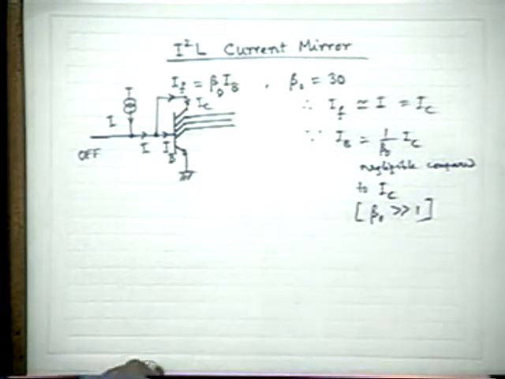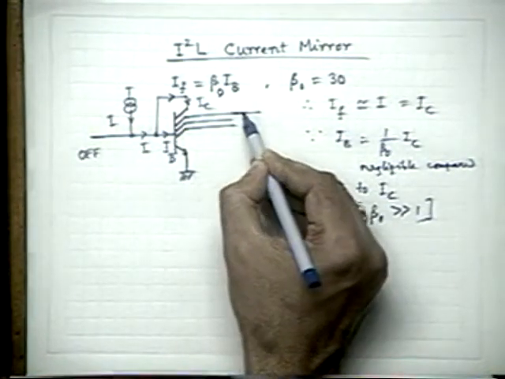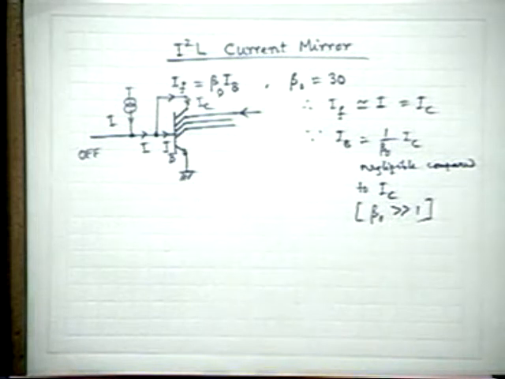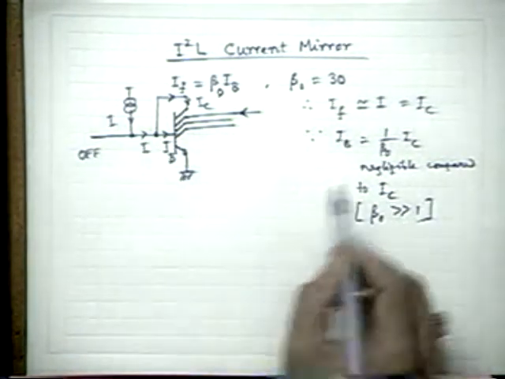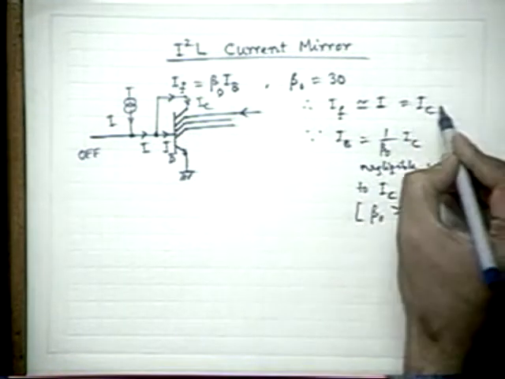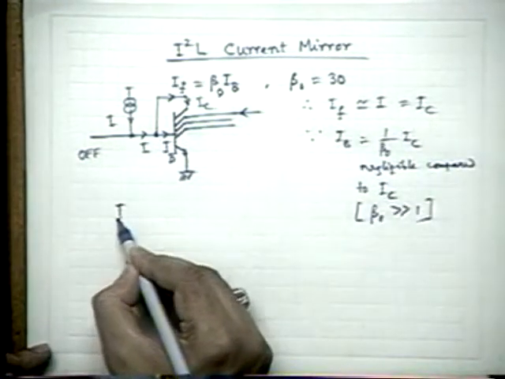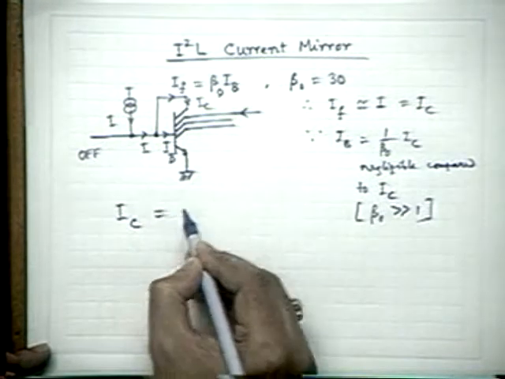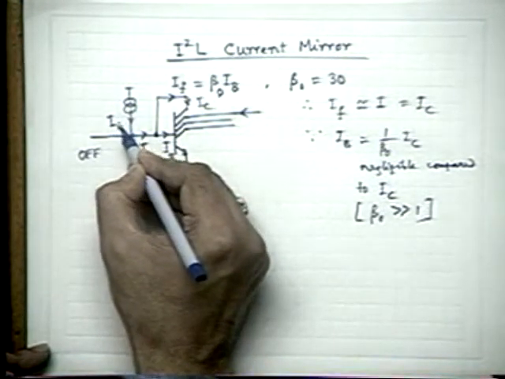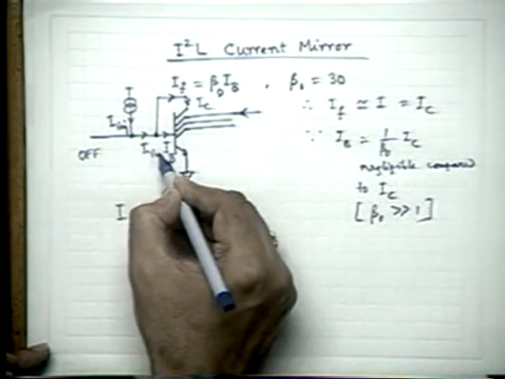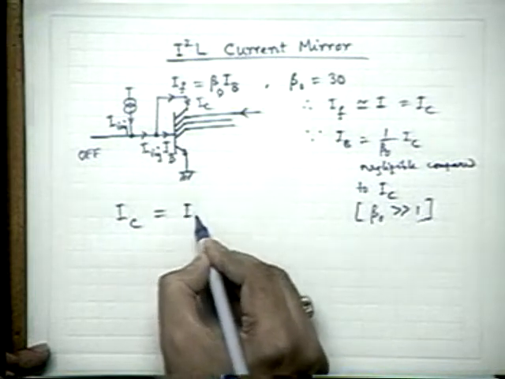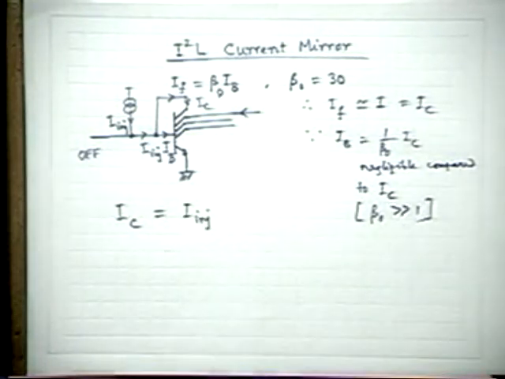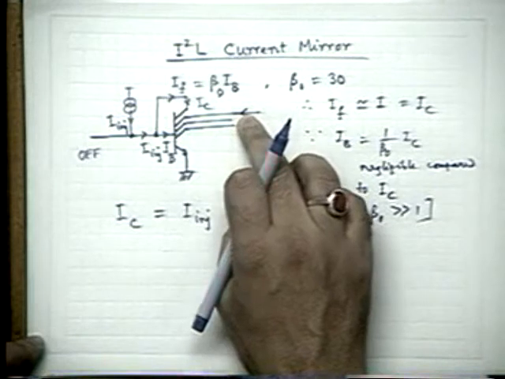In that case, what will be the current in the other collectors? You please see that IC is equal to I. This is a very important thing. This IC is equal to, now I call it, I injector.